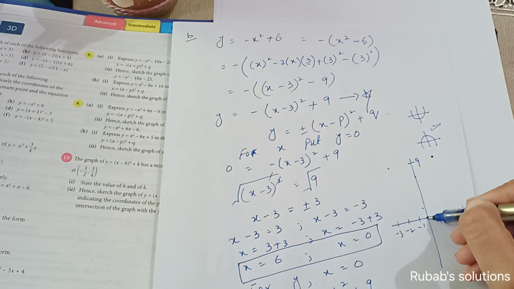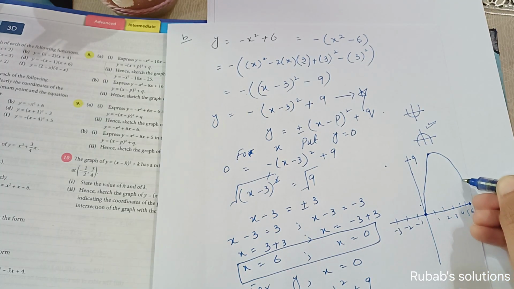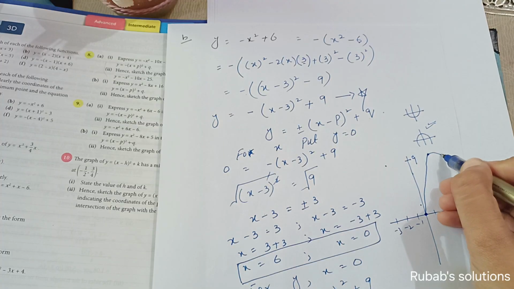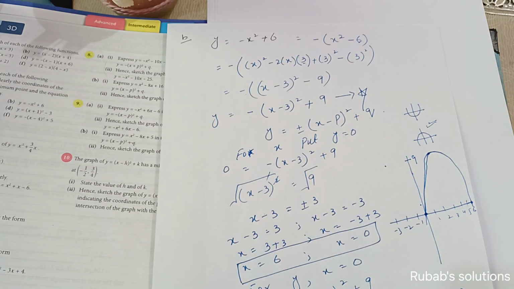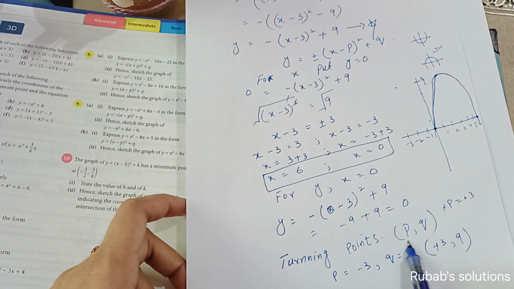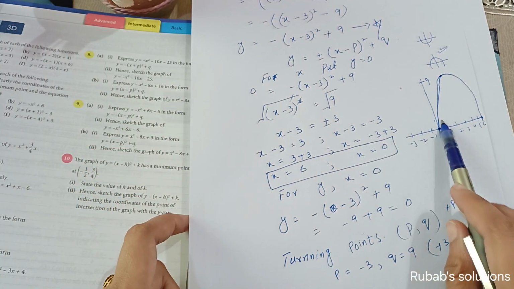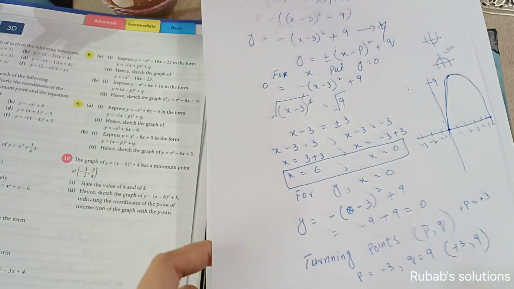Joining the points, this is your turning point, and the graph is done like this. Remember that if you make a mistake like me, the graph will obviously go wrong. So you have to compare the equation with the point.